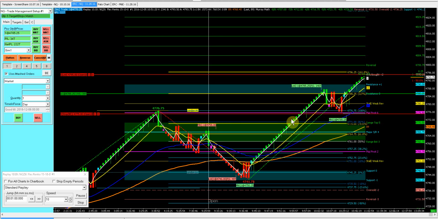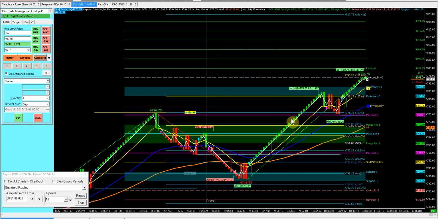Push, push, push. 47.95. I'm looking for 49.795 at least. Bam. Okay, that's 39 ticks. So we're into 227 ticks right there. So then it basically went up to what, 47.85.